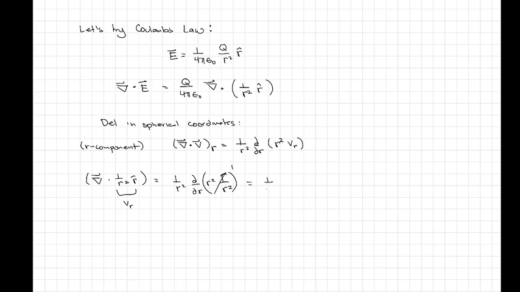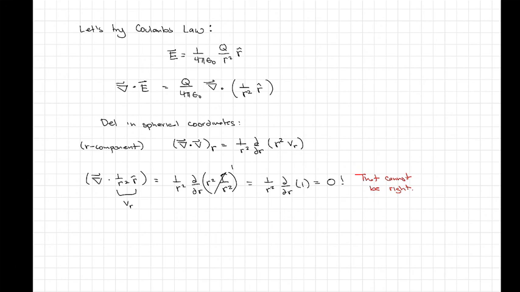So I'm going to end up with 1 over r squared times the partial derivative with respect to r of 1. And that's going to give me 0. Whew. That cannot be right. The divergence right at the middle, right at the point of a point charge, cannot be 0. We just learned a lot about the divergence.